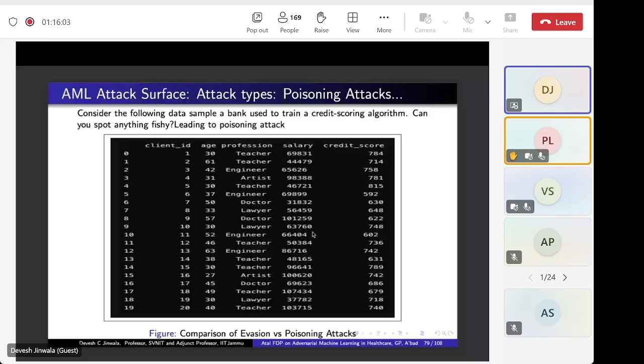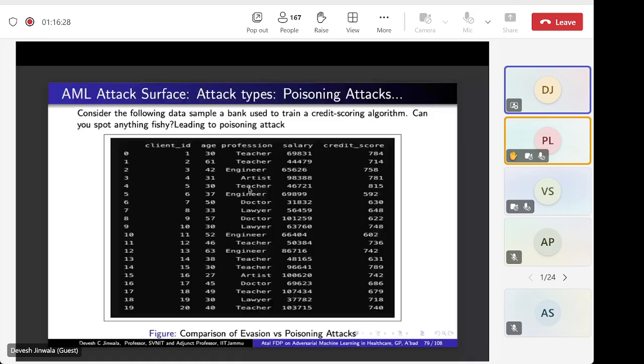And it says that this is the training data used in the bank. Obviously, if we talk of a poisoning attack, this attack would have occurred during the training phase. So the adversary would have been able to insert such malicious samples that the model would give a particular credit score when a particular feature is satisfied.